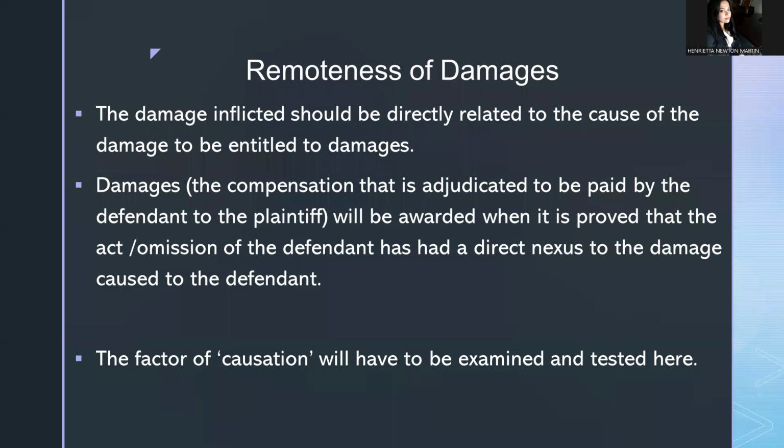So damages is the compensation that is adjudicated to be paid by the defendant to the plaintiff, and it will be awarded when it is proved that the act or the omission of the defendant has had a direct relationship or direct nexus to the damage caused to the plaintiff. So here, the factor of causation, remember we discussed the causation theory.